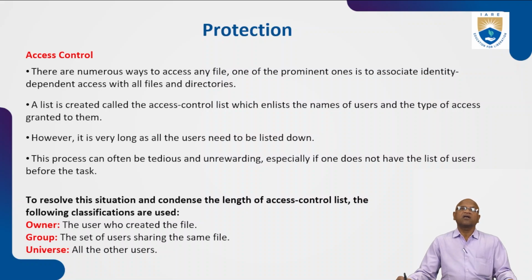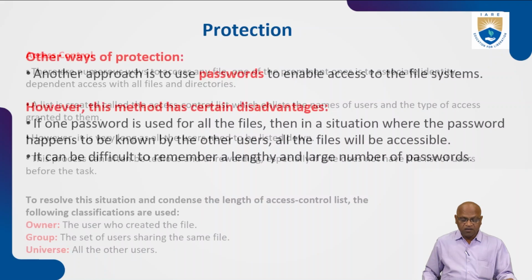The process can often be tedious and unrewarding, especially if one doesn't have the list of users before the task. To resolve this situation and condense the length of the access control list, the following classifications are used: owner, group, and universe. The user who created the file is the owner. The set of users sharing the same file is the group of people. So all are permitted to access that file. That is universe. All the users.